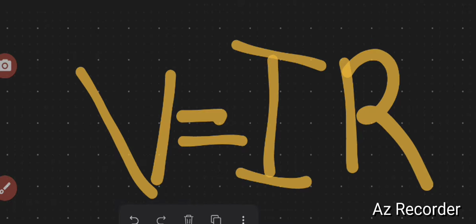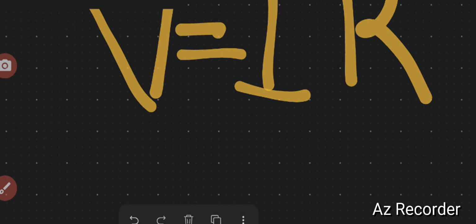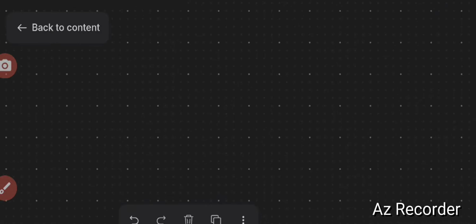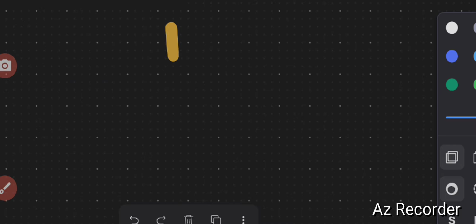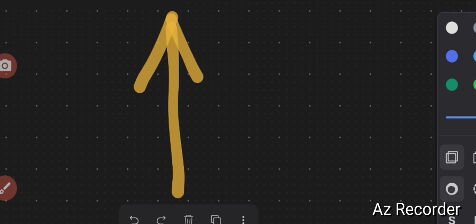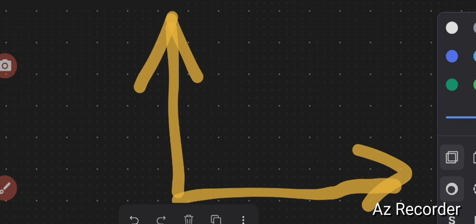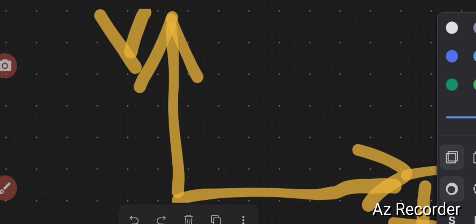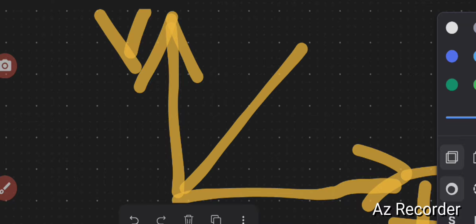of V against I, something like this, this is our V and our I here. Now, if we plot a graph of V against I, we will have a straight line, okay?